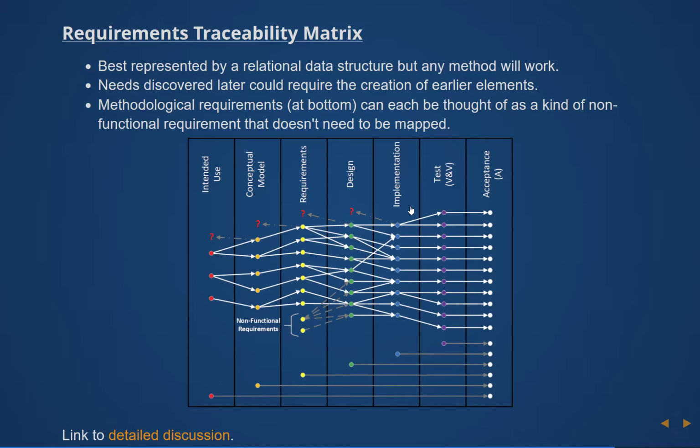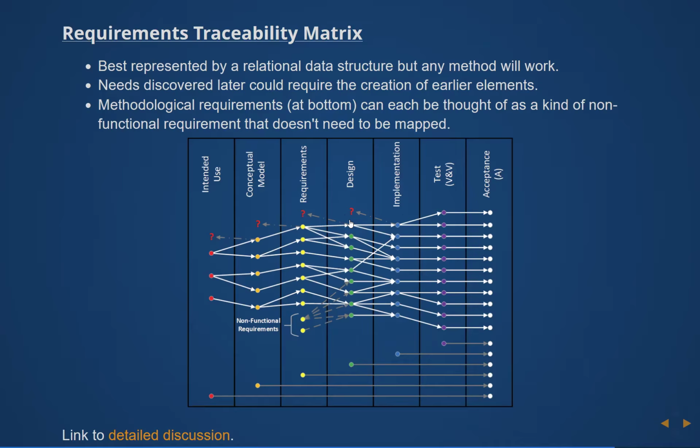And remember what I said about the fact that you iterate forwards and backwards across all these phases. That's when these things up here at the top, these dashed lines go into question marks. So if you learn something in the implementation that requires a new design element, well, you go back to design and add it.